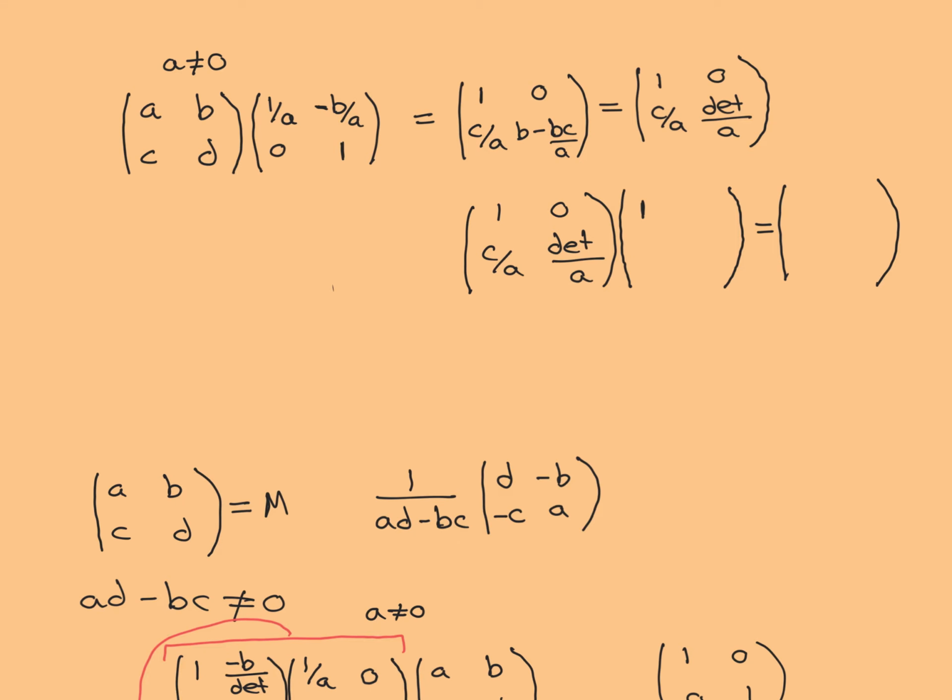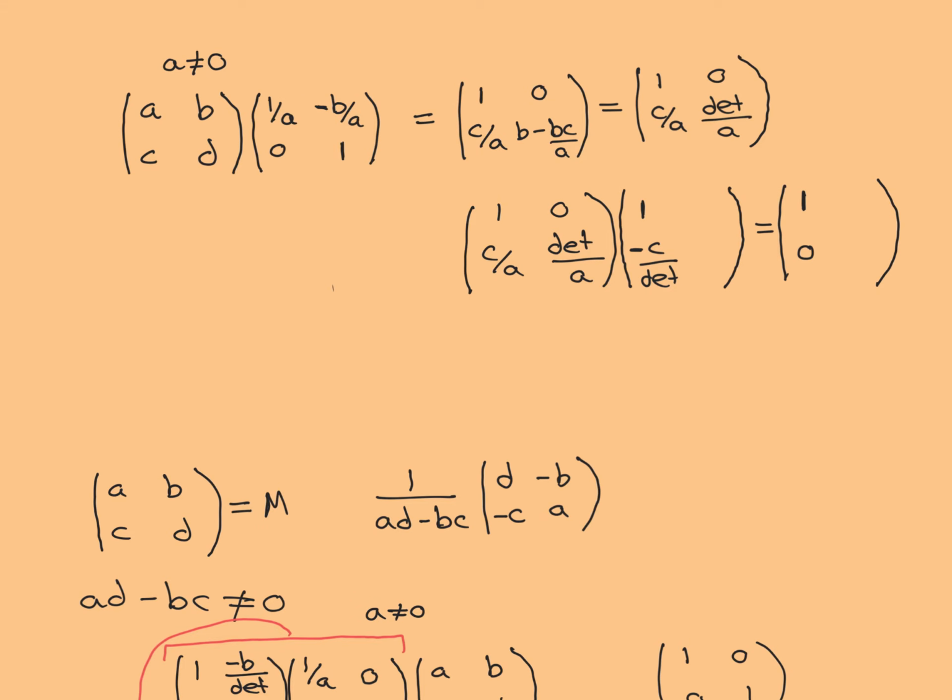So we need to subtract off c over det lots of that second column, so minus c over det, because if we do that, this bit won't contribute anything, so we'll keep our 1 here, but then minus c over det, the det will cancel and we'll get minus c over a, so we'll get c over a minus c over a, so we'll get 0 here.